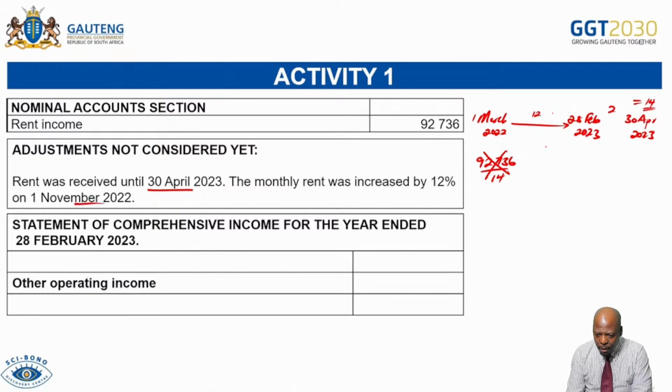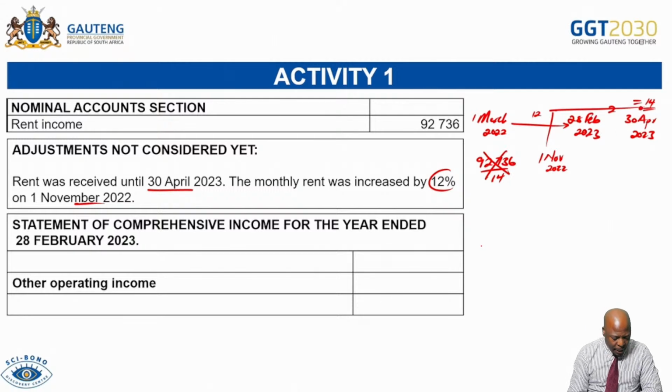So I'm going to come here from the 1st of November. From 1 November 2022, the rent went up by 12%. So it therefore means, how many months is it? From the 1st of November until the 30th of April. Let's begin to count now. So we're going to say November, December, January, February, March, and April. So we're sitting with how many months? 6 months.